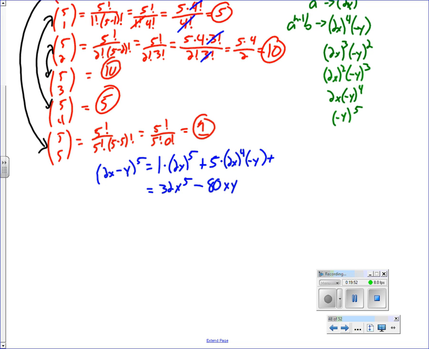The next term coefficient would be 10, and then the power piece, I'd have 2x to the 3rd negative y squared. So negative y squared would just be positive. y to the third is 8. 8 times 10 is 80, so I'll have 80 x to the third y squared.